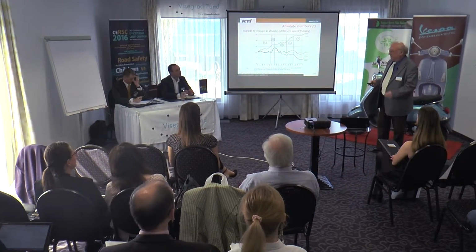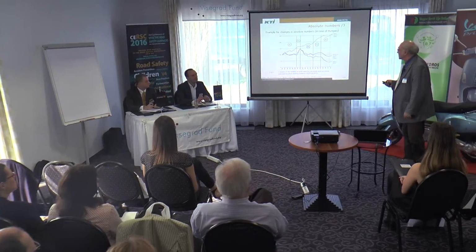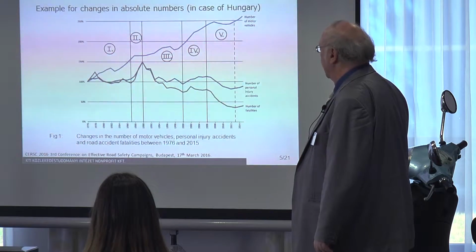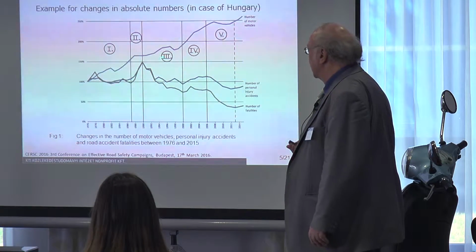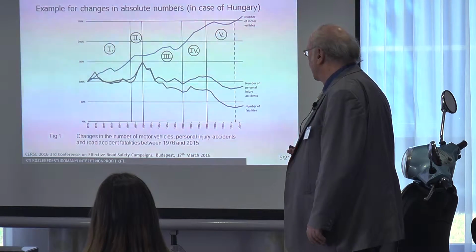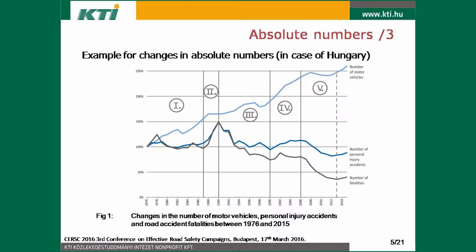So some examples, as I mentioned. This example shows the changes in absolute numbers in the case of Hungary. So here you can see the development of the number of motor vehicles. This is the number of personal injury accidents, and this is the number of fatalities. And you can see the different time periods in the case of Hungary.